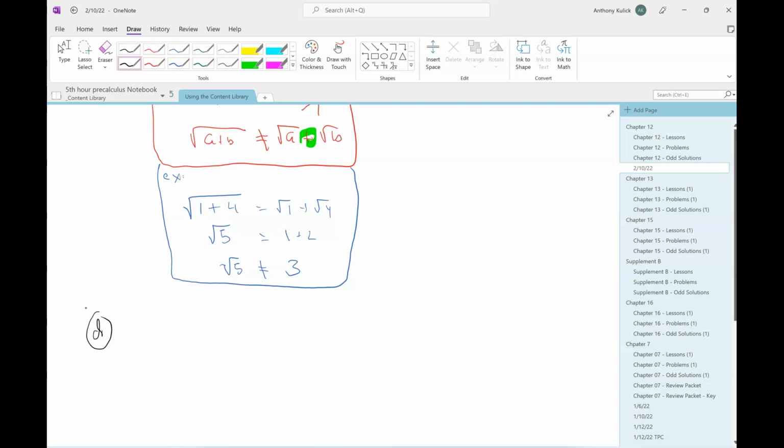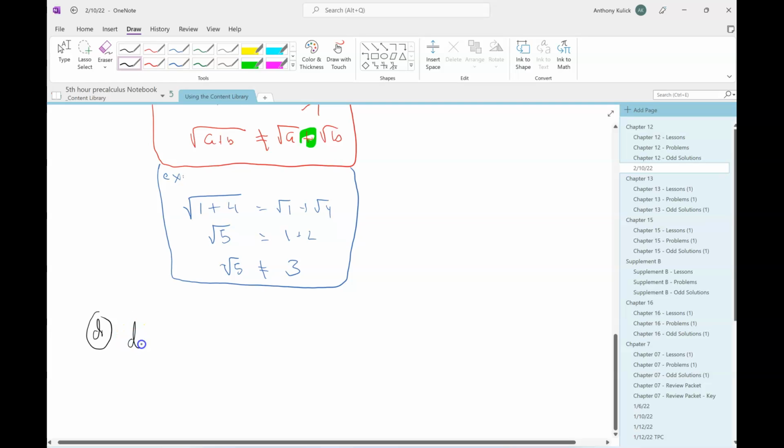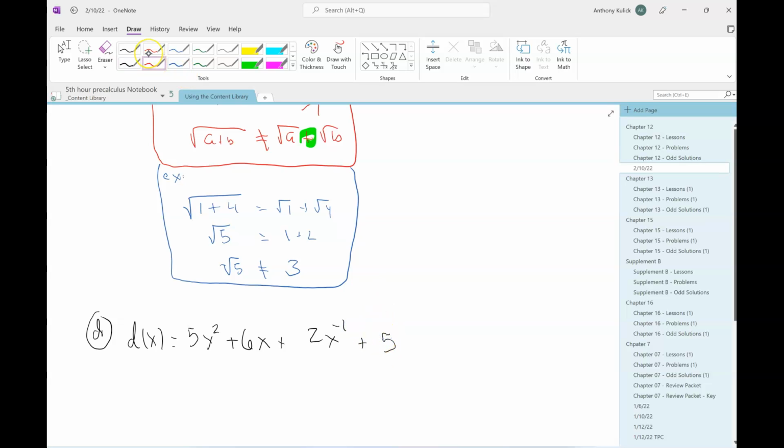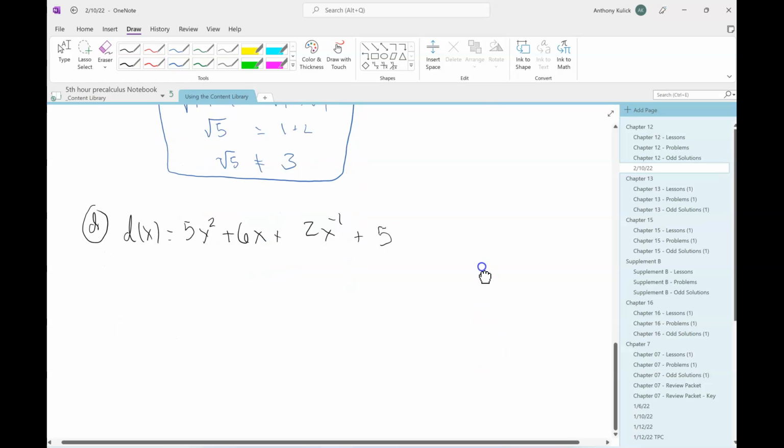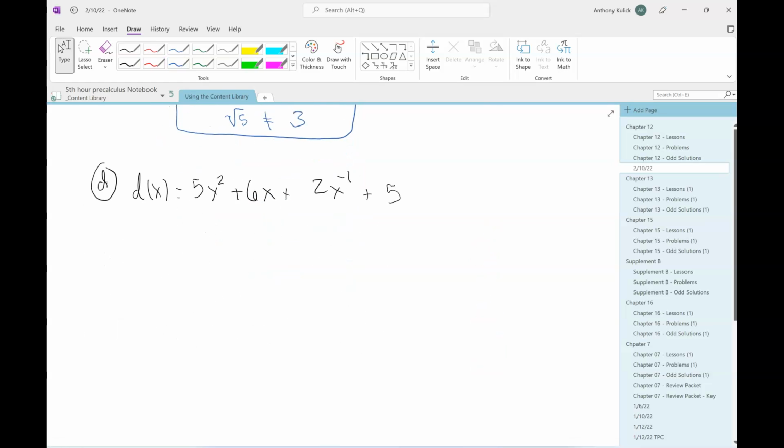All right, let's do another. So we have 5x squared plus 6x plus 2x to the negative 1 plus 5.